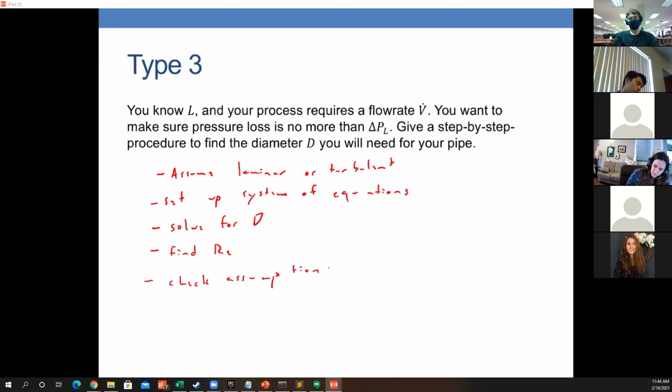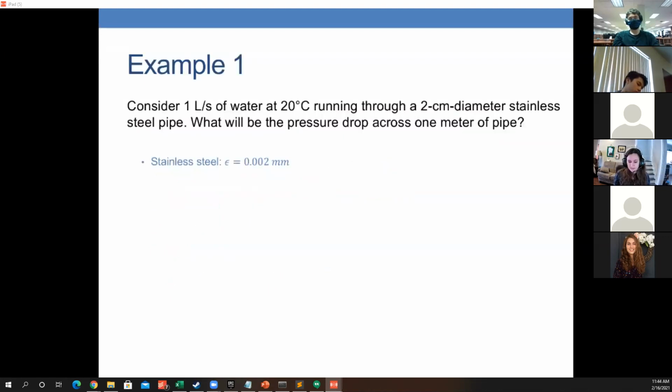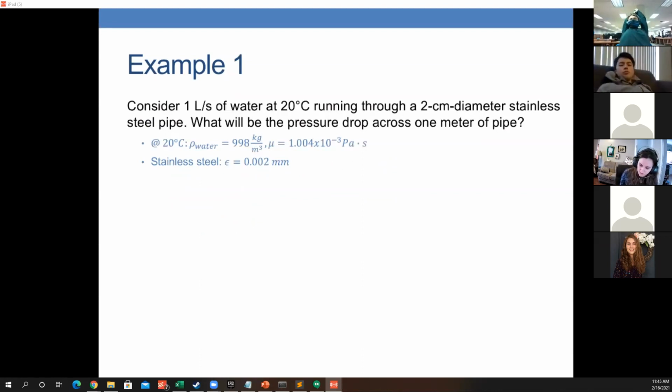All right, so let's talk about an example in our last few minutes of class. I have made two example problems here. Example 1: we've got 1 liter per second of water at 20 C running through a 2 centimeter diameter stainless steel pipe.